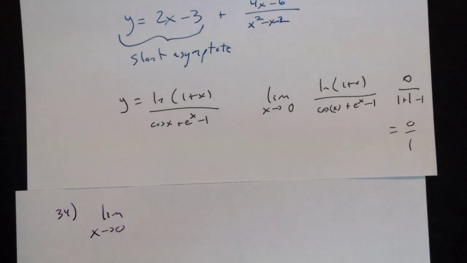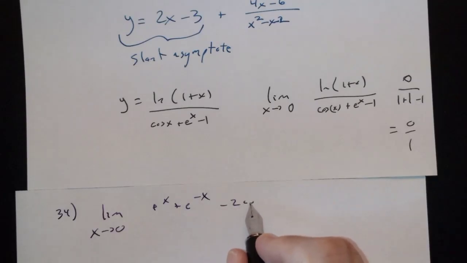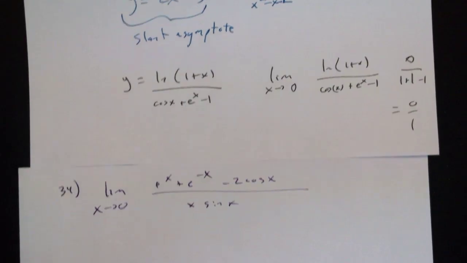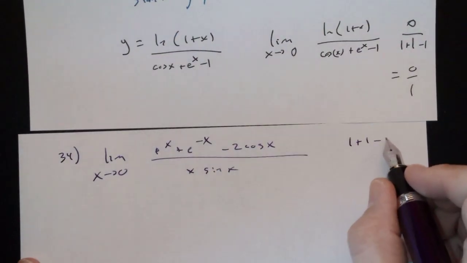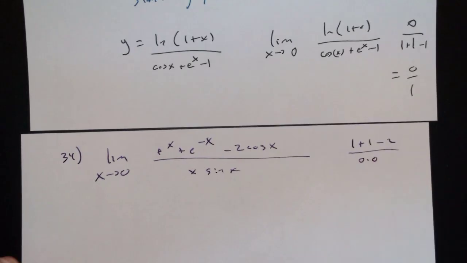e to the x plus e to the minus x minus 2 cosine x over x sine x. When I put in 0, I get 1 plus 1 minus 2 over 0 times 0. Well, that's definitely 0 over 0.